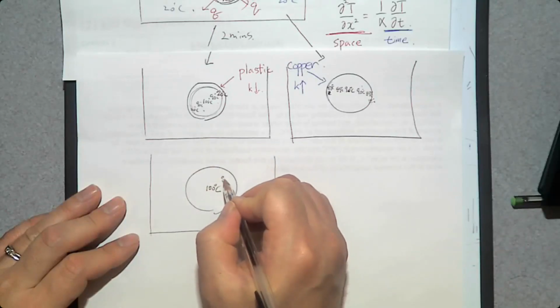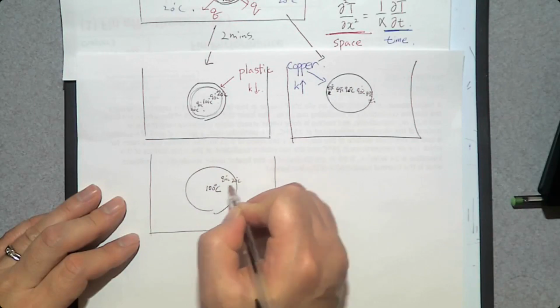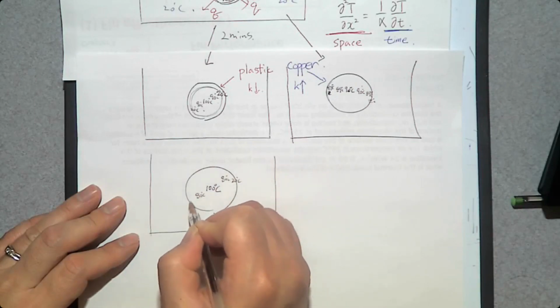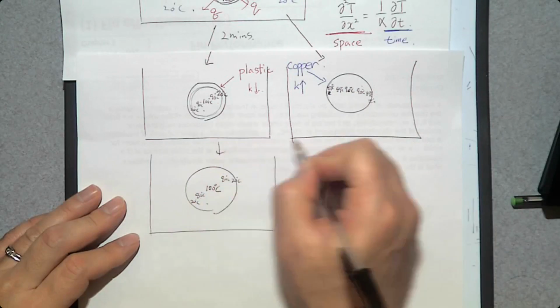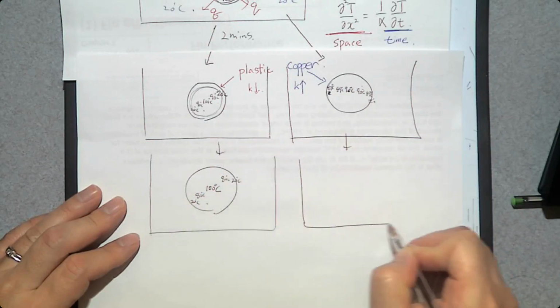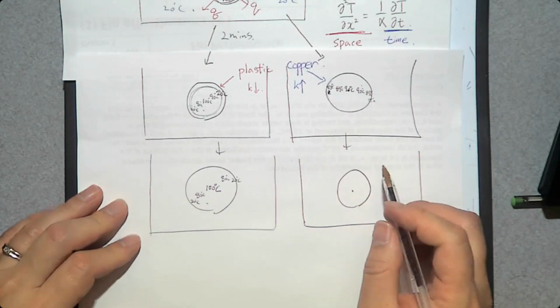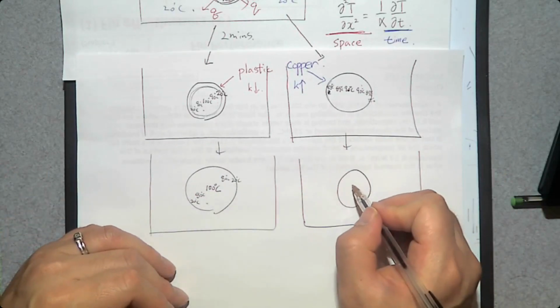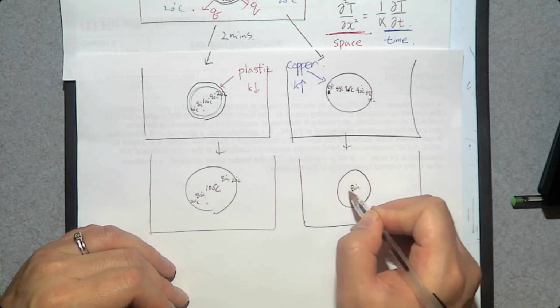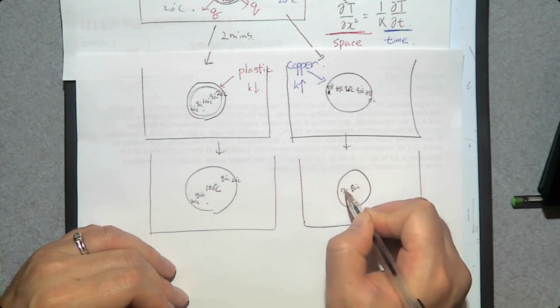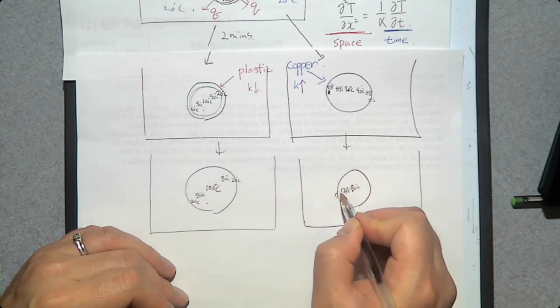Now there's 80 and 20, 80 and 20. On the other hand, in this one, heat transfer inside the solid is very fast. So the center is going to be 80. Away from the center, maybe 78. Near the surface, 76.